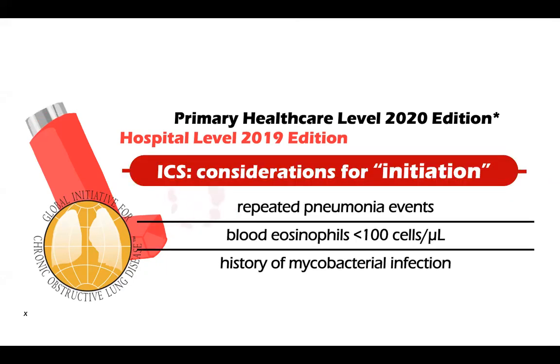And it is not recommended, and the ICS should be avoided, in patients that have repeated pneumonia, or patients that have blood eosinophil that is less than 100, or patients that have history of mycobacterial infection. So ideally in South Africa, every single patient that seeks care should be screened for TB, and if a patient has TB, we should avoid prescribing ICS for COPD until TB is ruled out, or until TB treatment has been started or has been completed.